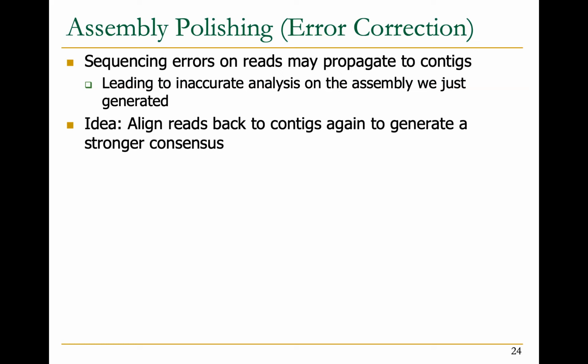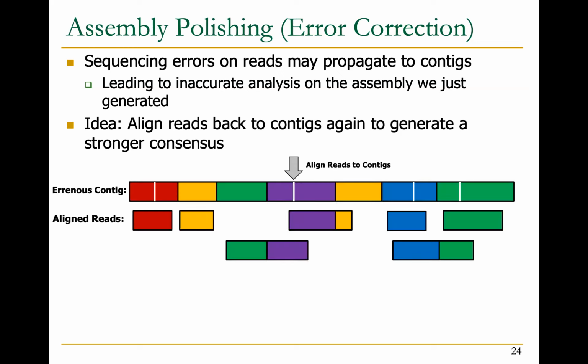And what we do is align the reads back to the contigs again to generate an even stronger consensus, because we're doing alignment operations. What we're generating is more informative than generating the overlaps, because now we're looking at a picture that we just created, as if we're aligning to a reference genome.